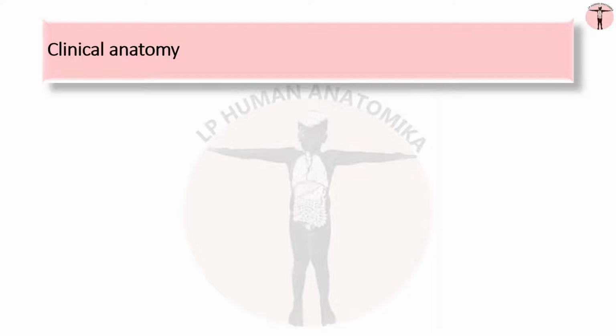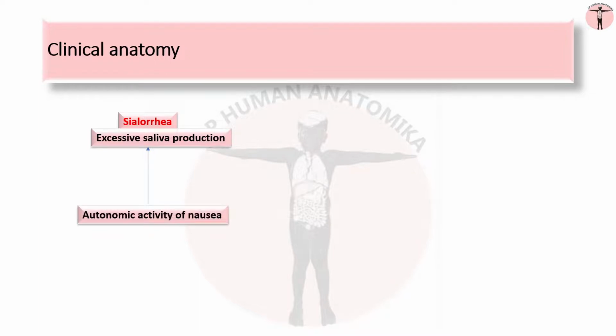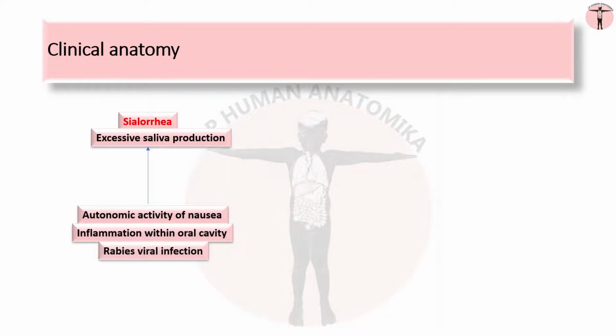We are now in the last section of epithelial glands and salivary glands, that is clinical anatomy. Sialorrhea, the excessive saliva production, is associated with the autonomic activity of nausea, inflammation within the oral cavity, and rabies viral infection.